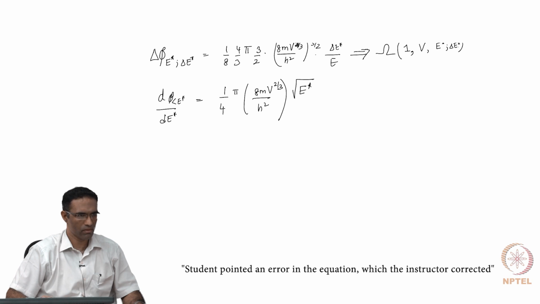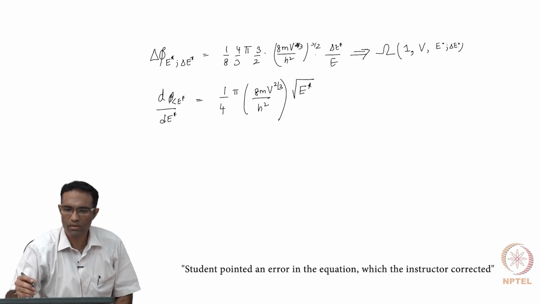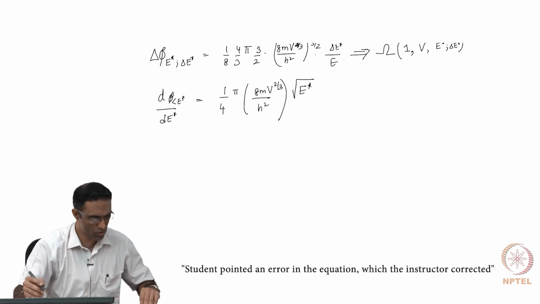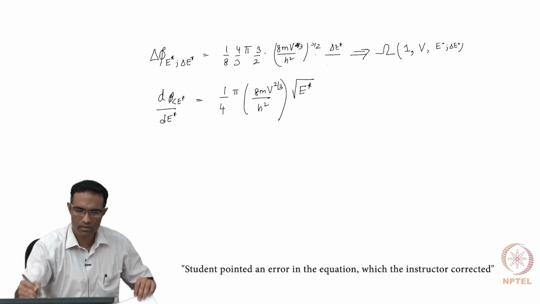So, delta phi, there's an E in the denominator. Oh, sorry, there should not be an E here.